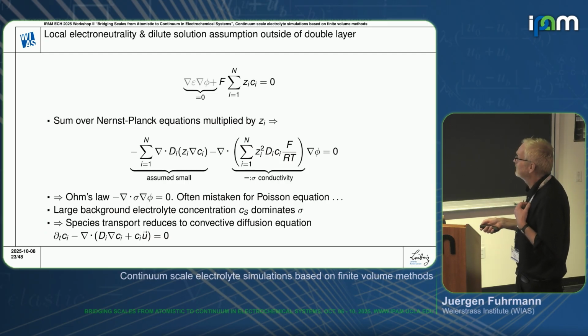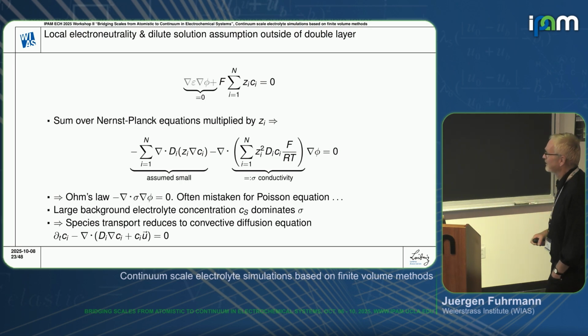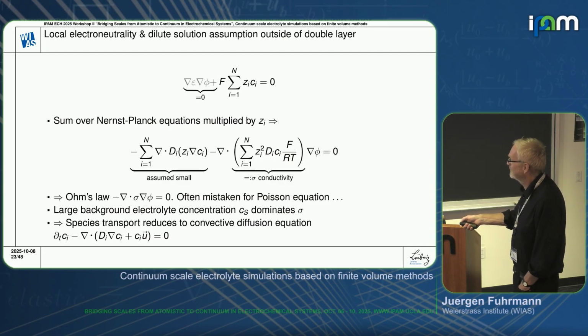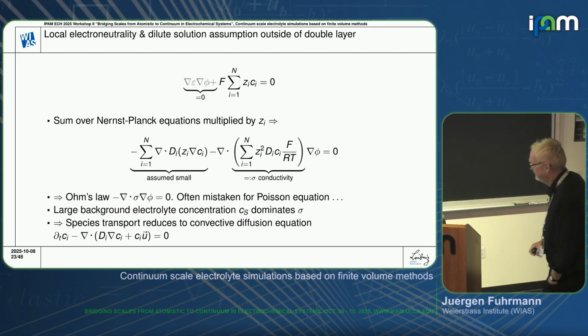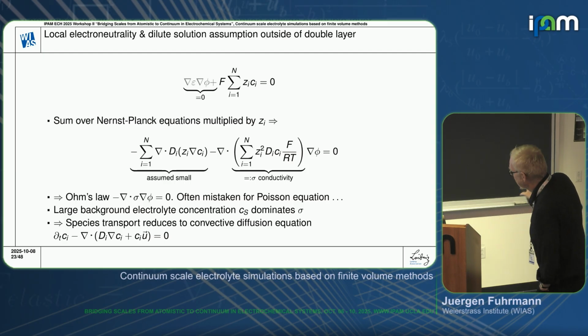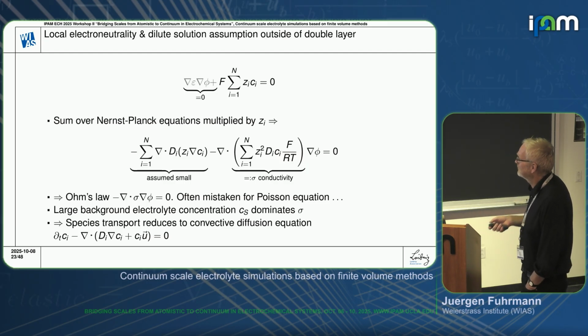So people work with the assumption of local electroneutrality. And this means that our Poisson equation turns into an algebraic equation. We then can multiply our Planck's equation by the respective charge number. And then the time-dependent part and the part depending on the velocity disappear due to the electroneutrality condition.